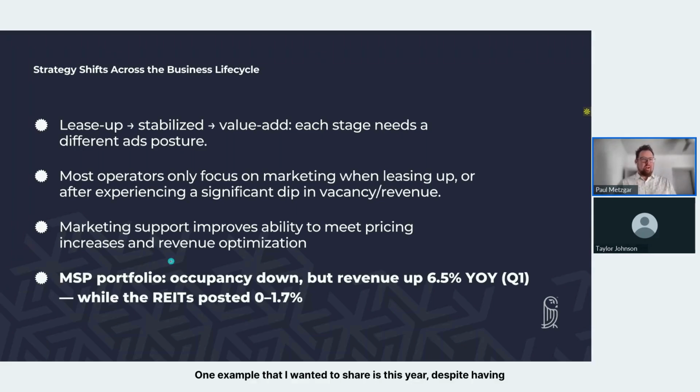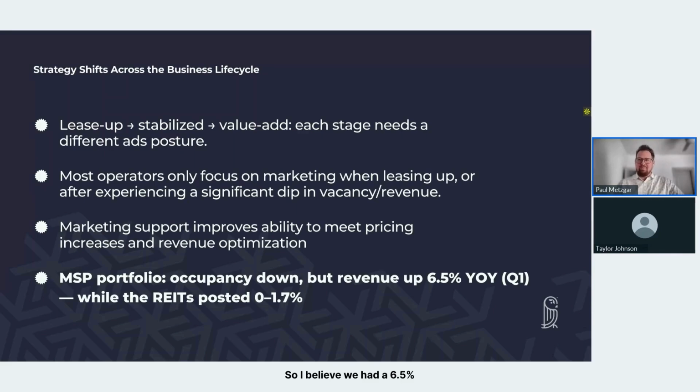One example that I wanted to share is this year, despite having occupancy down nationwide, our portfolio did see that same pattern. We saw occupancy down from the year prior. But because we had a healthy marketing engine behind us, we were able to increase rent and otherwise manage the revenue to ensure that our revenue actually increased despite occupancy being down.